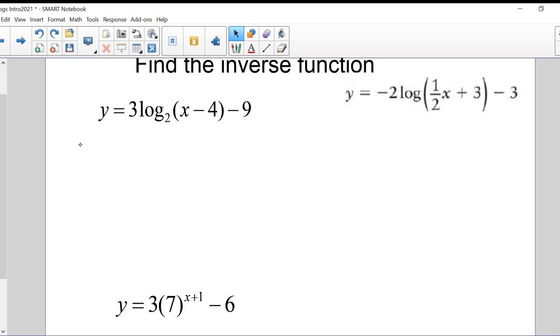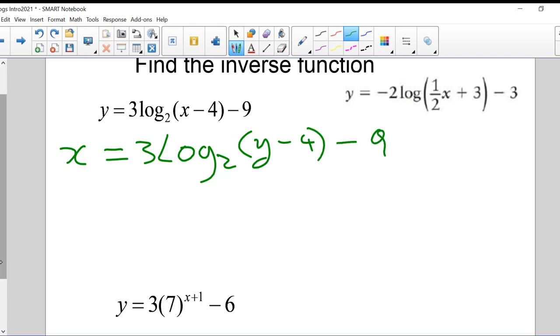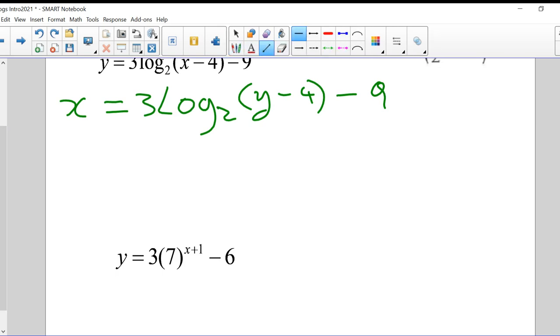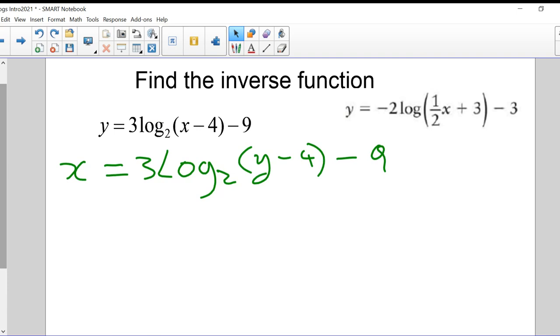So x equals 3 log base 2 of (y minus 4), minus 9. Okay, that's a good start. Can anybody suggest what might come next? So we switch the x and the y.